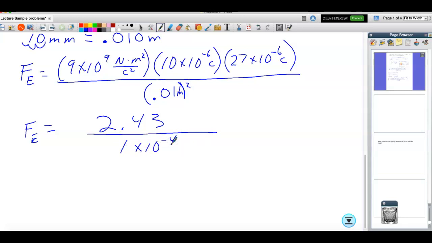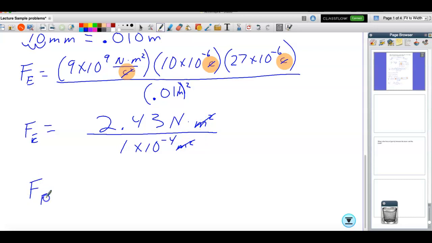Now, that unit we can easily see, that's meters squared. But what about on top? Well, we have a coulomb squared there and a coulomb squared there. So don't those all cancel out? So that means we have newtons times meters squared on top. So now when we divide those two, you can see the meters will leave us.